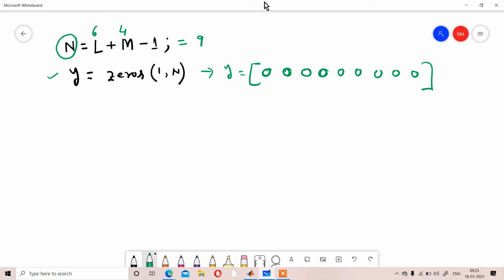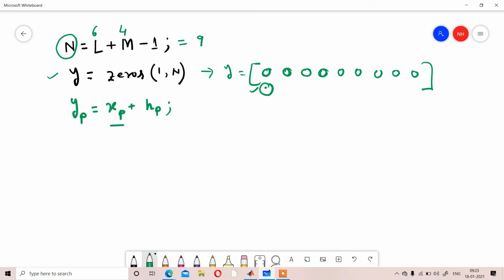Okay, after that we need to know the index of that position. Index of that position means what should be the starting point. So obviously the starting point will be yp, defined as starting point of x plus starting point of h.